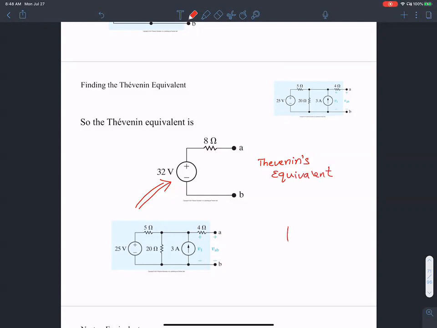Now, if I replace this voltage source with a current source instead, with a resistance in parallel, that simply is called the Norton's equivalent.